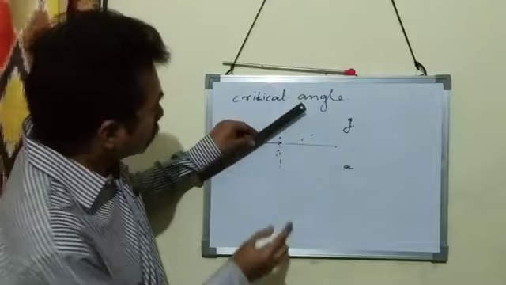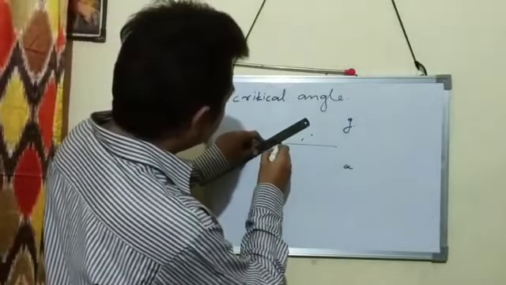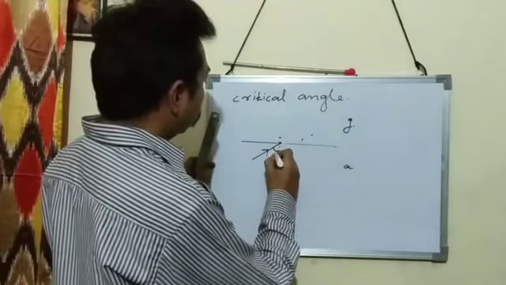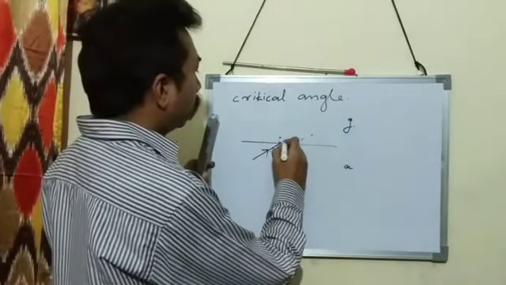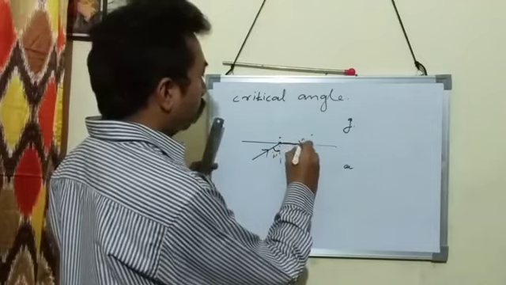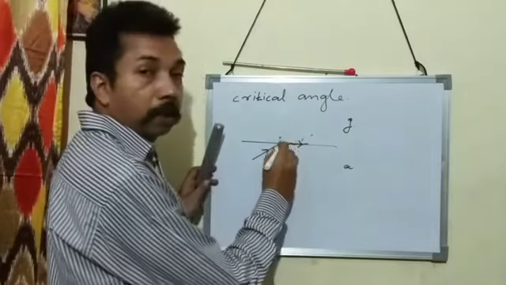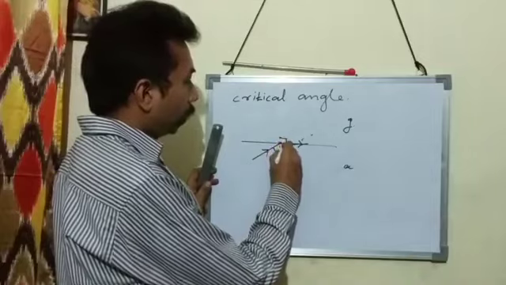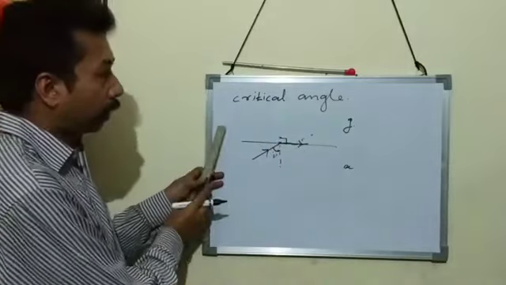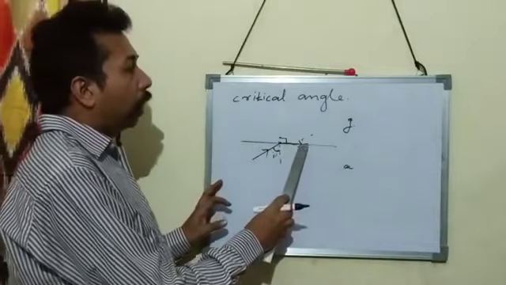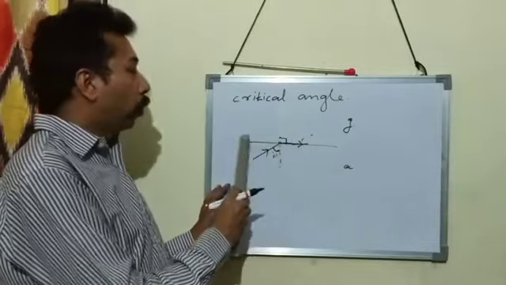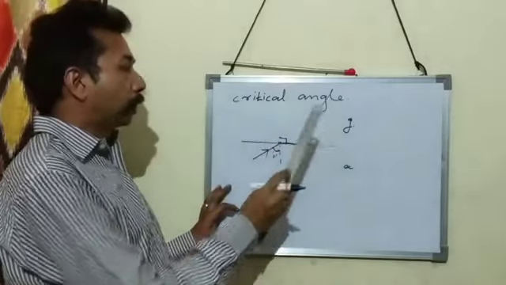At a certain angle of incidence, the refracted ray comes out along the surface of separation, such that the angle of refraction becomes 90 degrees. The refracted ray comes out along the refracting surface.